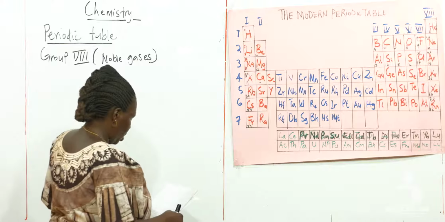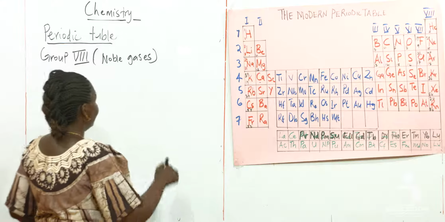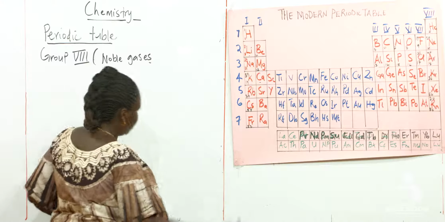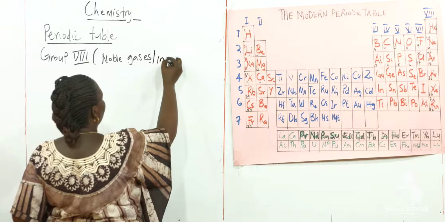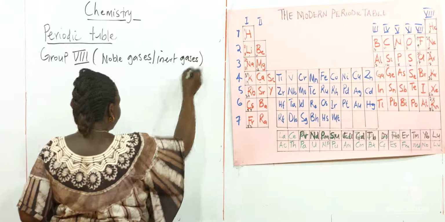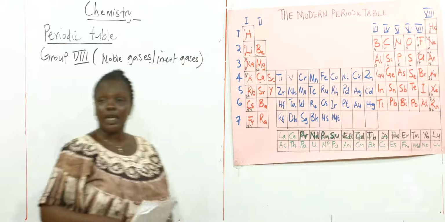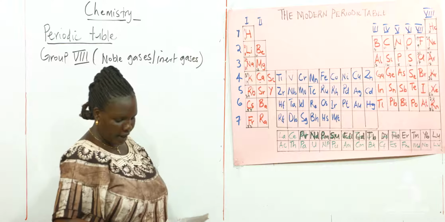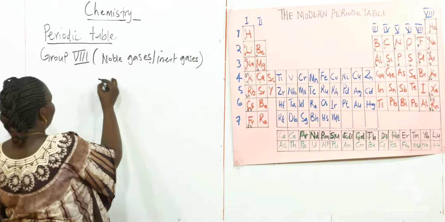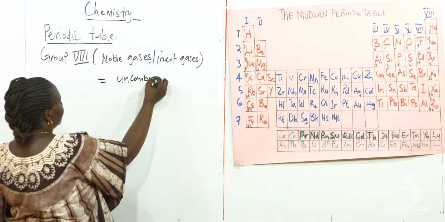They are called noble gases or inert gases because they rarely combine with other elements, and they are mostly found in an uncombined state.